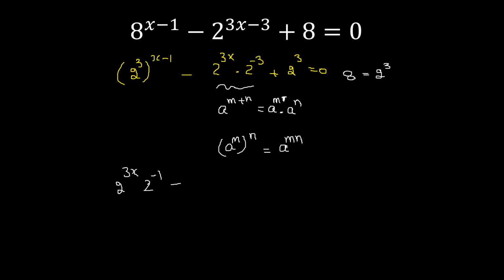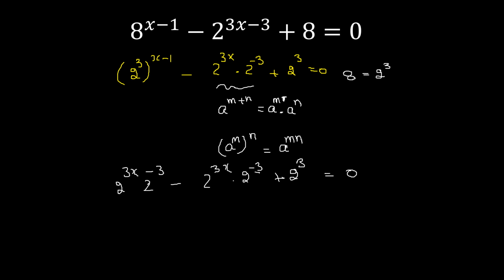Oh sorry, that must be written this way, here it should be minus 3. Are you getting this? Because that 3 will multiply with both, so that will give 2 raised to power minus 3. So here this is 2 raised to power 3x times 2 raised to power minus 3, plus 2 raised to power 3, and that equals 0.